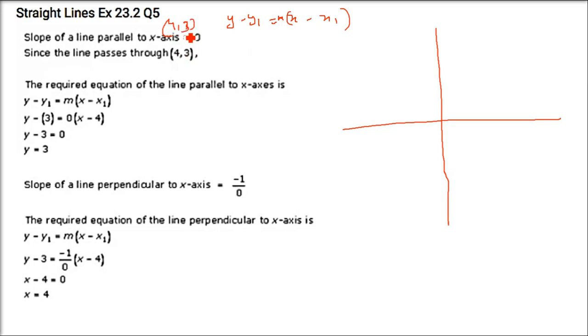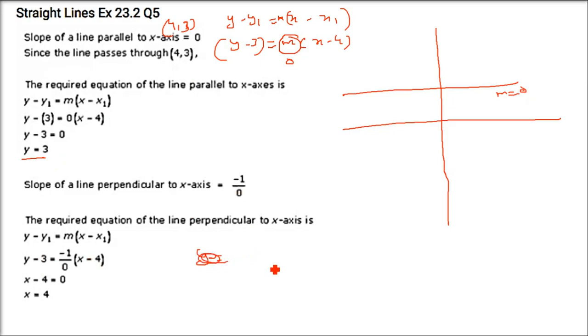So x1 is 4 and y1 is 3. So y minus 3 equals m times x minus 4. Now a line which is parallel to the x-axis means m is 0. So you can put 0 here, which is the equation of a line parallel to the x-axis.